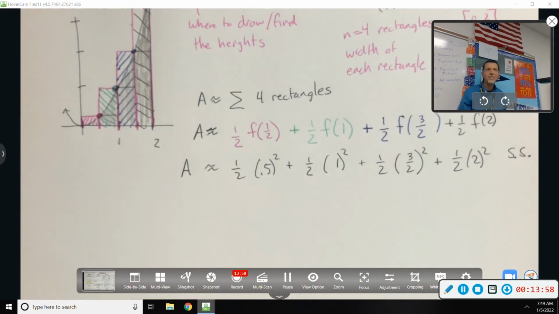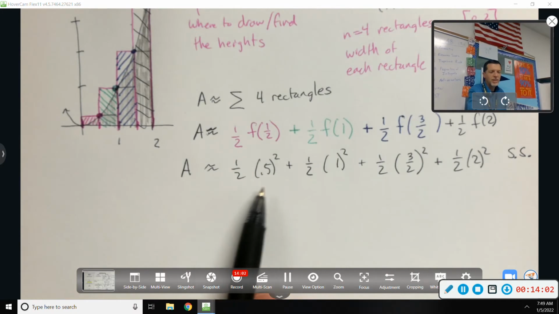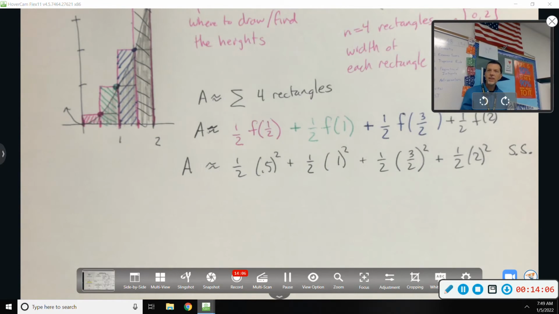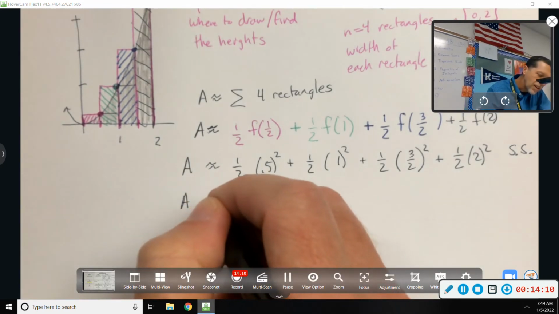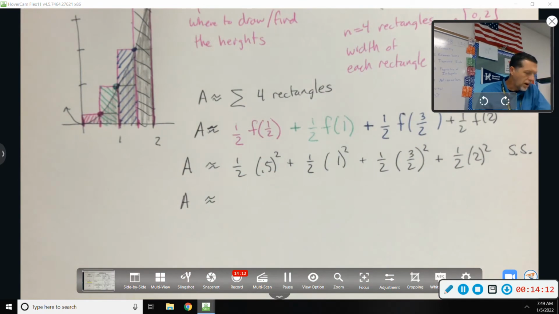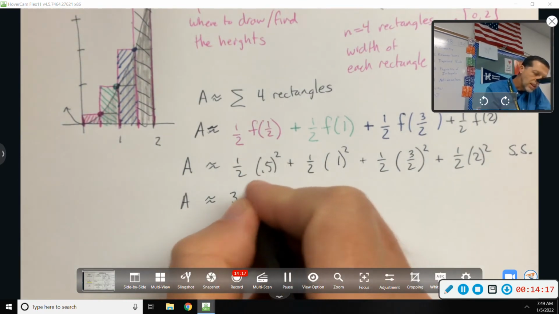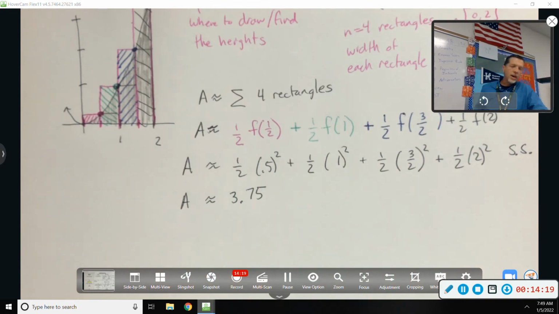Plus, it's a good safe stop, not just for work, but for concept. You can see exactly what's going on. You're adding 4 rectangles. And if you keep going, then you sort of lose the idea that you were adding things. Now, because I want to compare in a moment, I'm going to add them up.